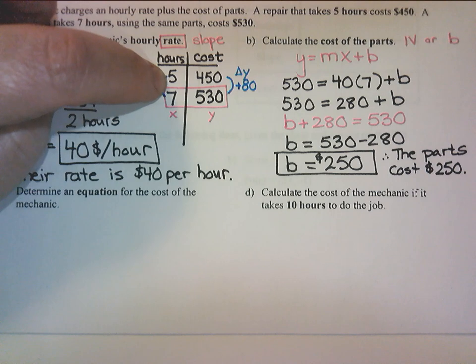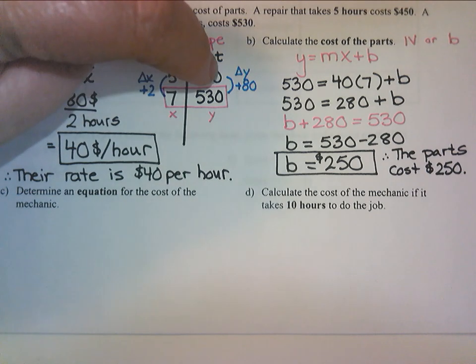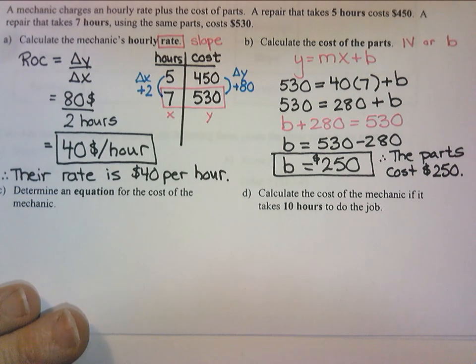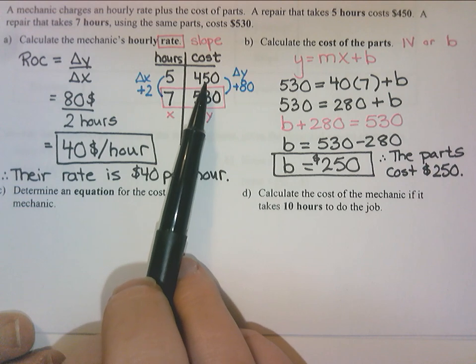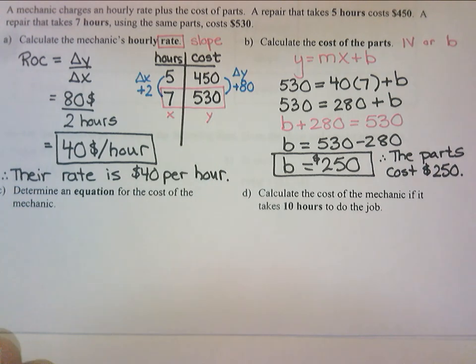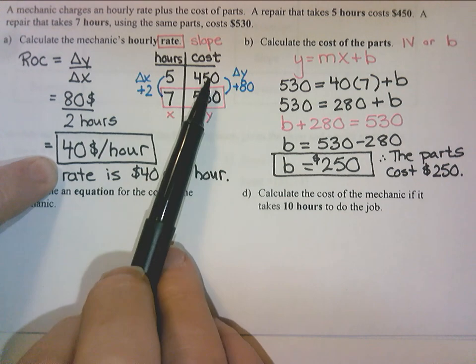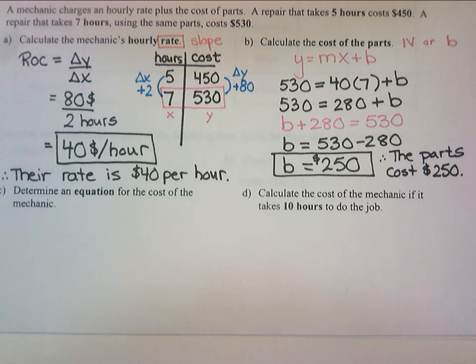So you could go 5 hours, then 4, then 3, then 2, then 1, then 0, and then subtract 40, subtract 40, subtract 40 all the way back. We also talked about back in the day that you could do 450 minus $40 5 times, right? So 450 minus 40 times 5, which is essentially the calculation we ended up doing when we did the equation. So just some different options.